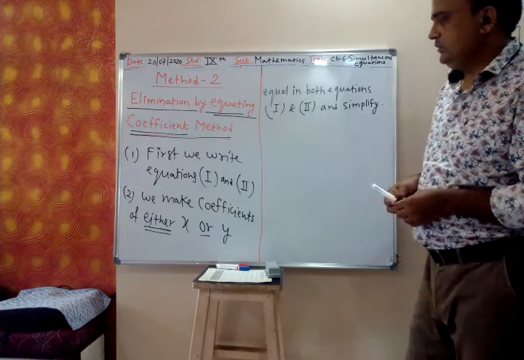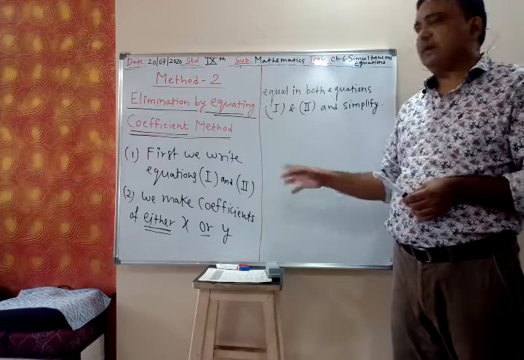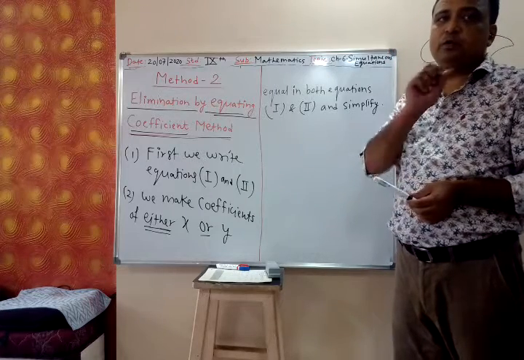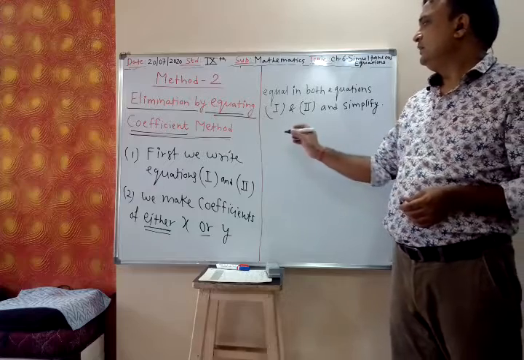First we write equation 1 and 2, then we make coefficient of either x or y in both equations equal and simplify.